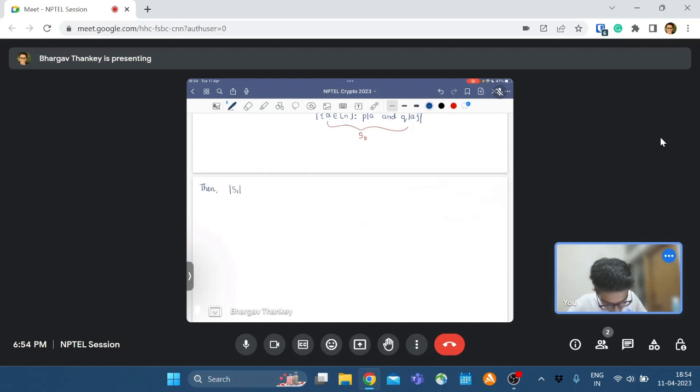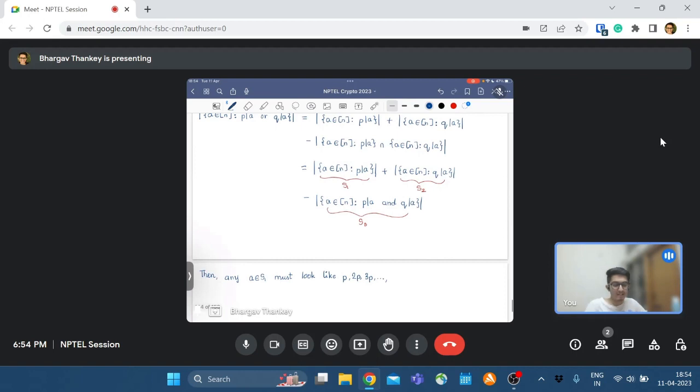Then size of S1. Okay, let me write this. Then any A in S1 must look like P, 2P, 3P. So every element in S1 is a multiple of P, right?